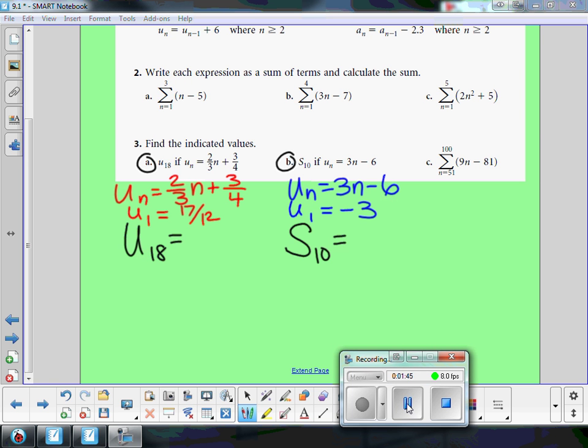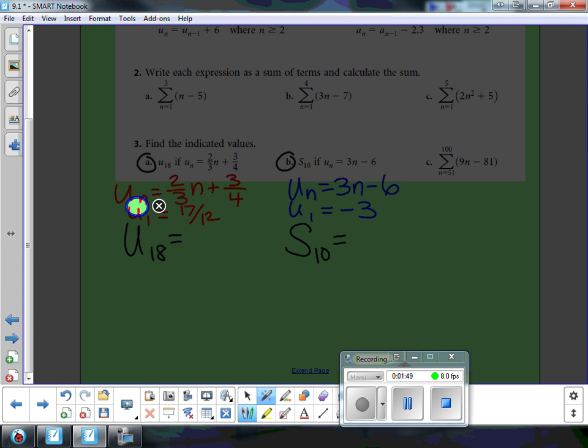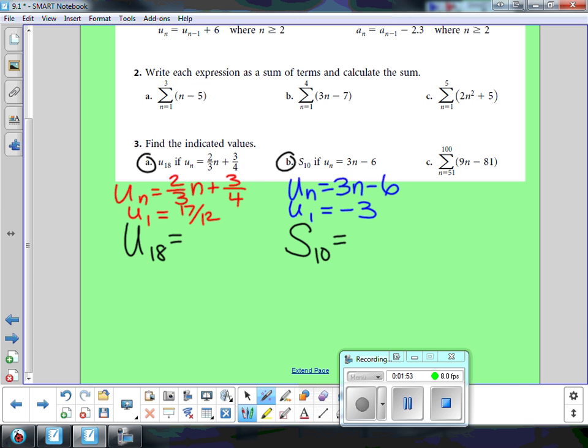So in both of those, in the red one and the blue one, I found the first term. What letter did I use right here? U. See that little guy right there? That's a U. When they ask you for the U1 or U2 or U18, they want to know, if you listed out all the terms in the sequence, what would the 18th one be? If they ask you for something like S10, that's different.